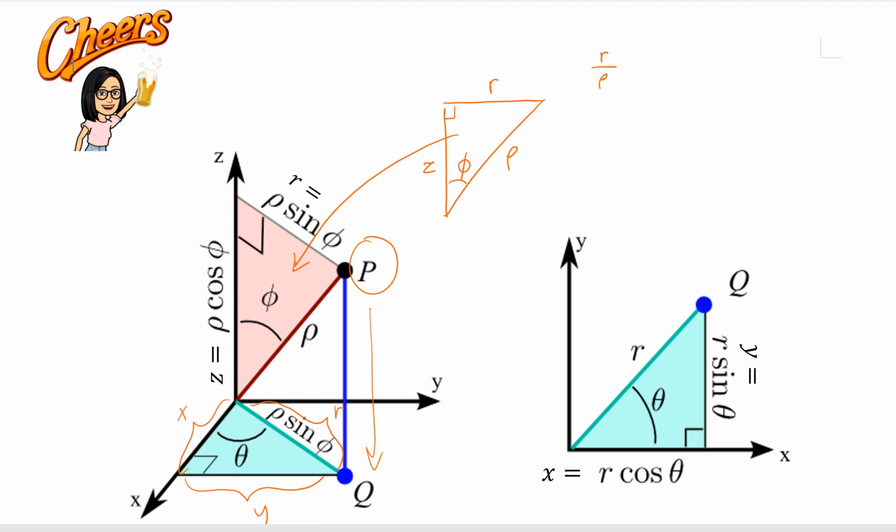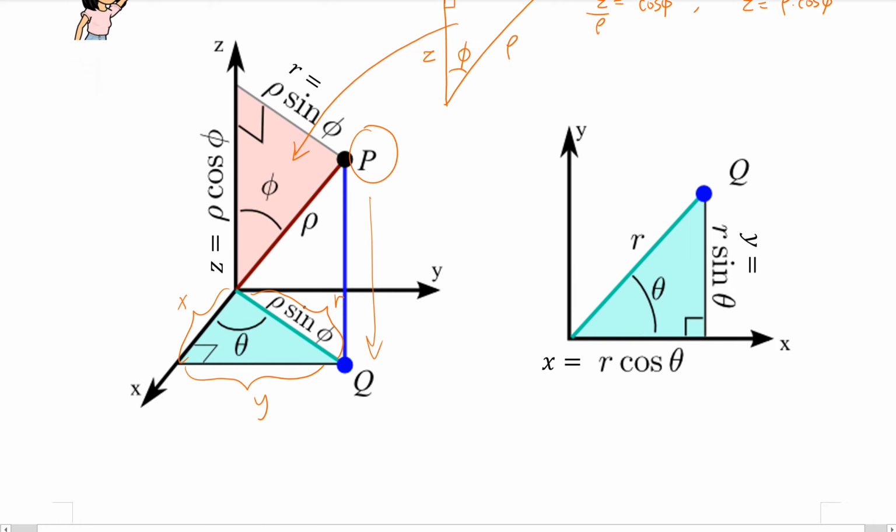So r over hypotenuse is sine phi, so r equals rho times sine phi. And then z is the adjacent. Adjacent over hypotenuse is cosine phi, and so z equals rho times cosine phi. So far so good, everybody?